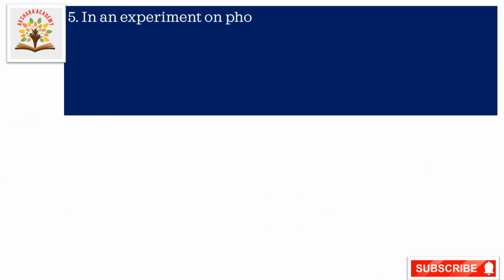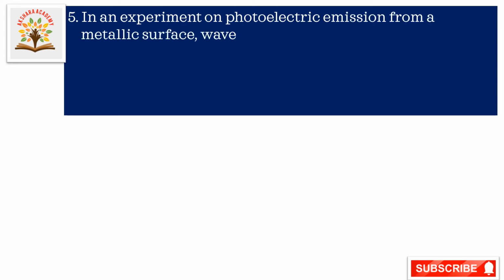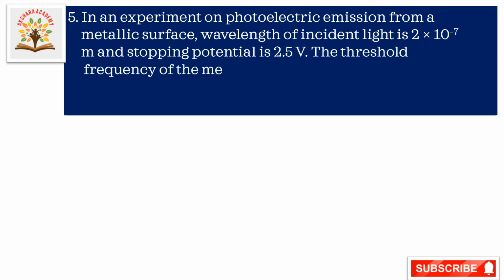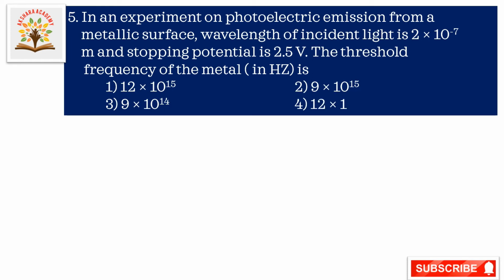In this question they have given wavelength lambda is equal to 2 into 10 to the power of minus 7 meters, converting into Angstroms, 2000 Angstroms, and stopping potential 2.5 volts. We have to calculate the threshold frequency in hertz. Now let us go to the solution.